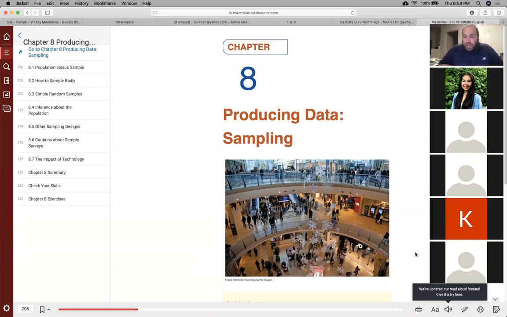So when it comes to sampling, there are ways of sampling well and ways of sampling poorly. We're not going to go really deeply into it, but just be aware that there are courses you can take just on sampling, not at CSUN, but in general. There are probably dissertations written for PhDs just on sampling.